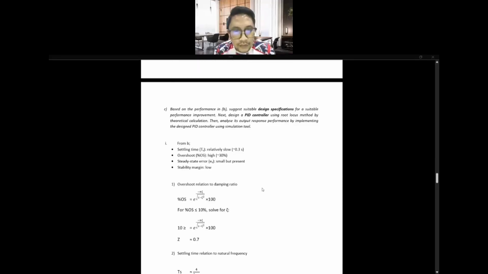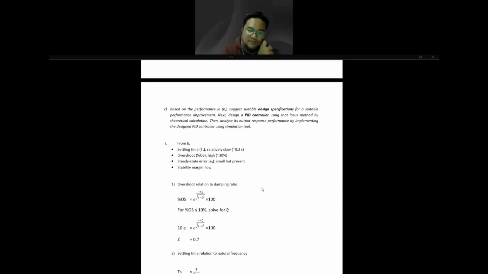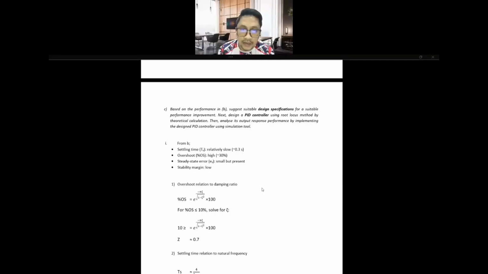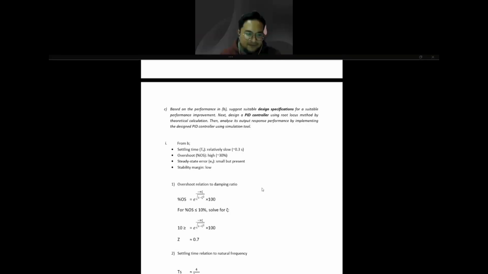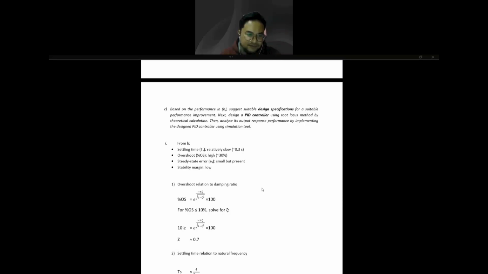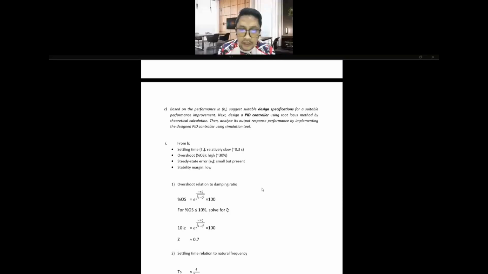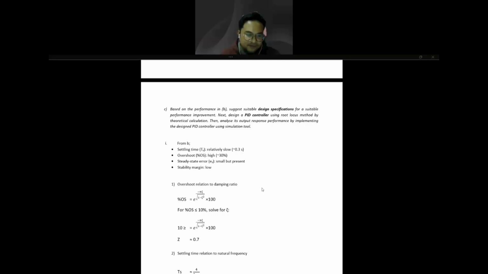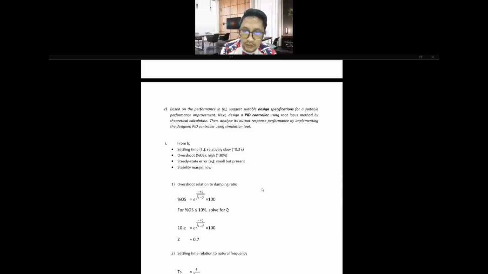Okay. To improve the performance, we designed a PID controller using the root locus method. Based on the linear analysis, we set a specific design goal to reduce the settling time and minimize overshoot. Our design process involved theoretical calculation of the pole and the zero required to pull the root locus into the desired region.